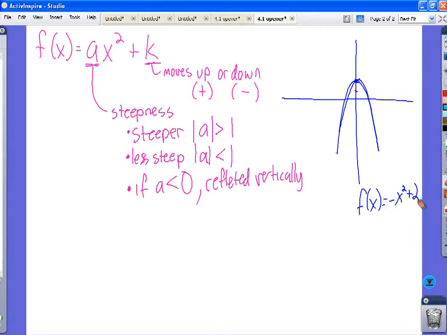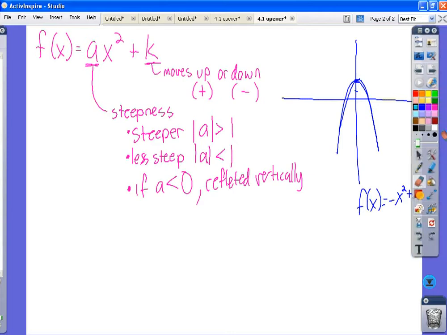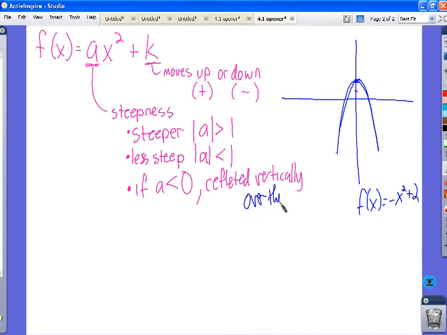The first thing you do is square it, then you make it negative before you ever move it up 2. So if you square it, then you make it negative, it will always be over the x-axis, just as long as you don't first move it up 2 and then try to flip it over the x-axis. So be safe. You can say reflected vertically over the vertex. That'll always be true.